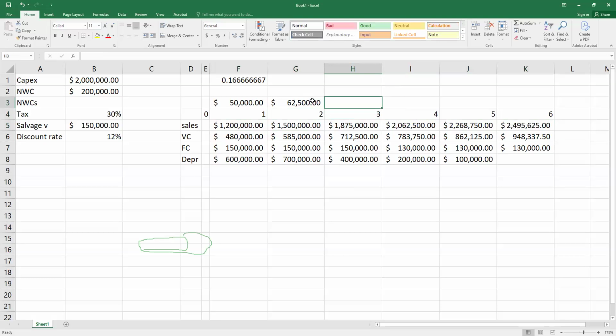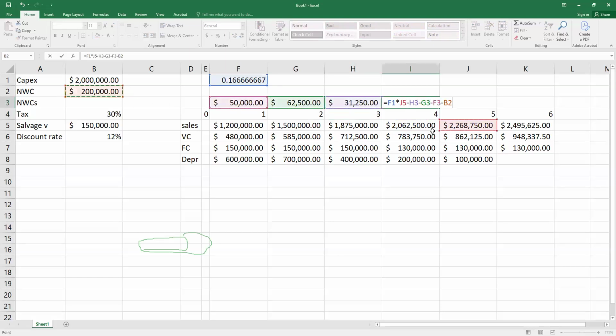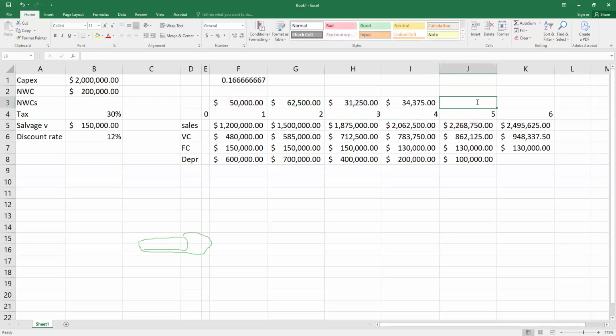The same thing we're going to have here: this multiplied by the next year's sales and minus the previous 3 years. And here, this multiplied by this. And the last one.